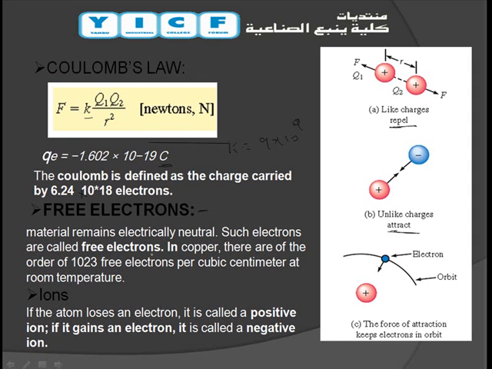They are the electrons in the outermost shell. In copper there are of order 10 to the power 23 free electrons per cubic centimeter. Per cubic centimeter there are 10 to the power 23 electrons, if this is 1 centimeter in width, length, and height.